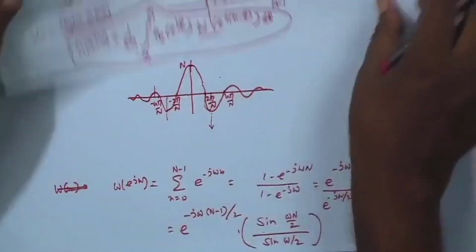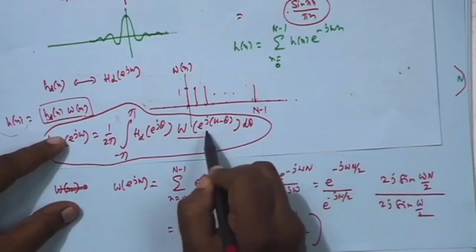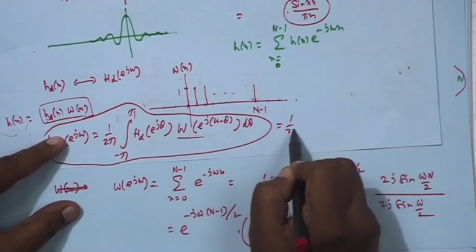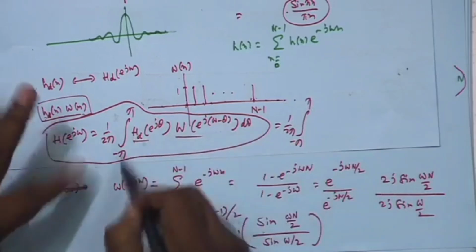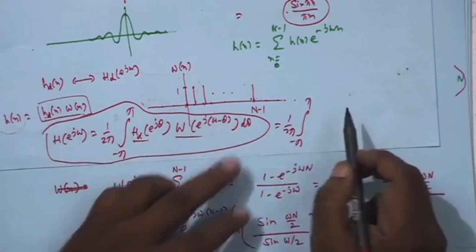So, this function is nothing but, if you want to carry out the convolution, you have to multiply the two functions and integrate from minus pi to pi. 1 by 2 pi is just a scale factor.